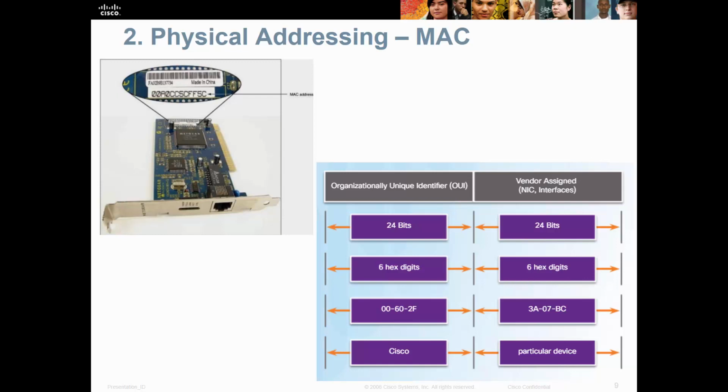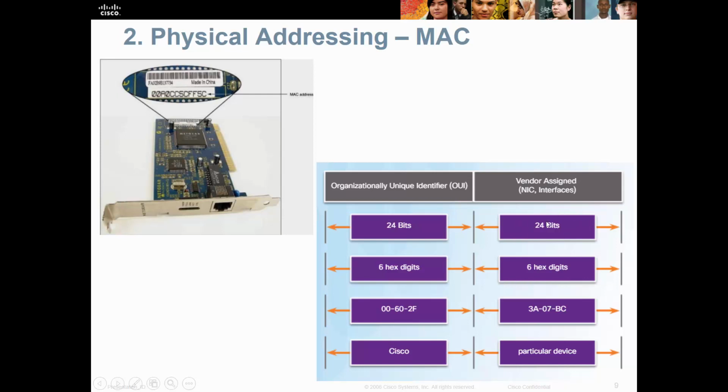The IEEE, Institute of Electrical and Electronics Engineers, issues Cisco a unique number that is made up of 24 bits. That number is used by Cisco as the first 24 bits of the MAC addresses for its network interface cards.